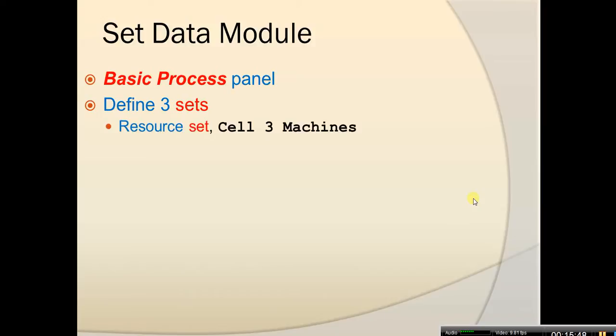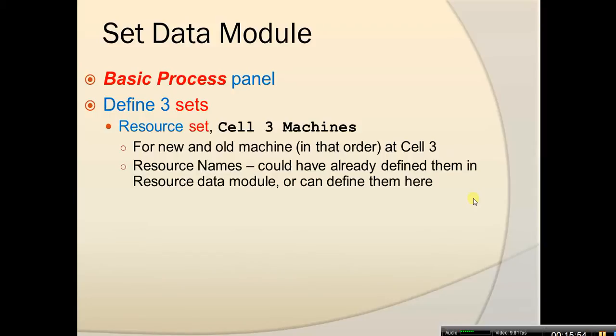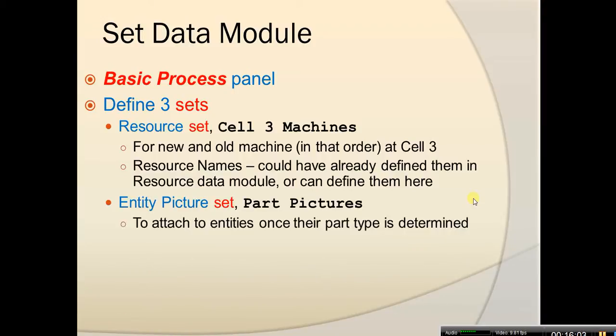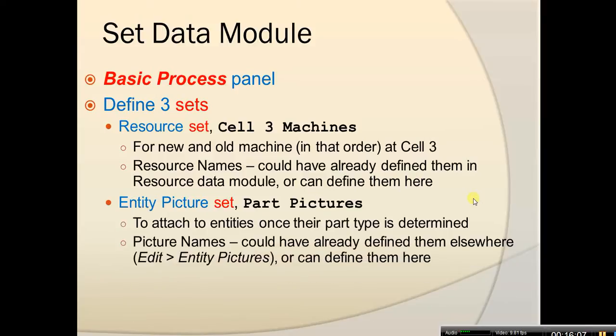So again, we'll have another type of structure, and so we'll use the set data module. Again, from the basic process, we have 3 sets. We have the resource set, so 3 machines for new and old machines. We'll specify resource names. And we'll have the entity picture set, part pictures to attach to entities once their part type is determined.